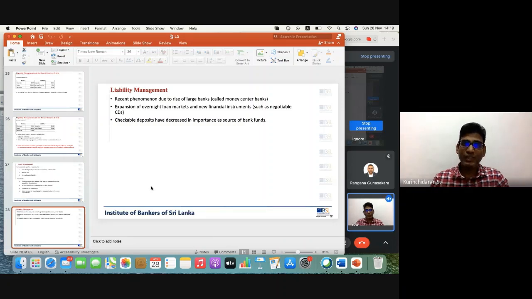So now we could see in the previous slides, merely 50% is checkable deposits. We also always talk about CASA, right? Current account and saving account. So everybody tries to maintain these current account, saving account balances. Why?